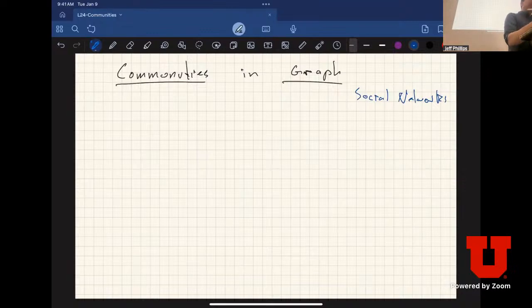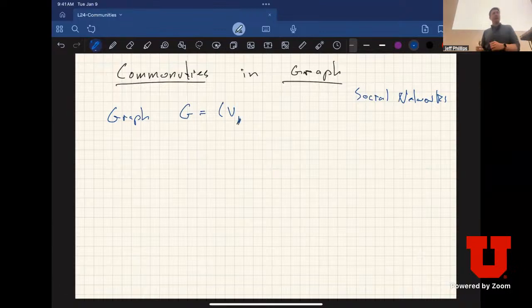And again, we're talking about graphs, right? And so a graph, remember, is a bunch of vertices. In a social network, these would often be people, but they could be companies or brands, and a set of edges, which are representing how these things are connected to each other, right?